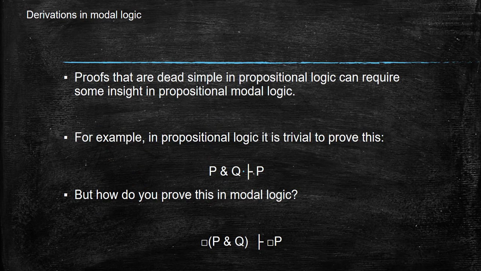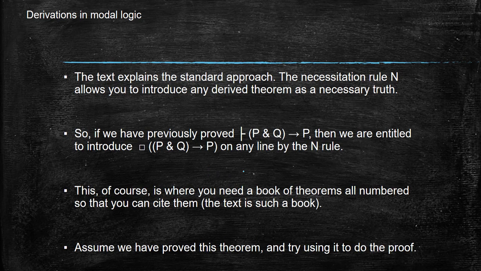So proofs that are really simple in propositional logic can require some insight in modal logic. For example, in propositional logic, it's completely trivial to prove that P and Q yields P, but how do you show that necessarily P and Q yields necessarily P? Well, the text explains the standard approach.